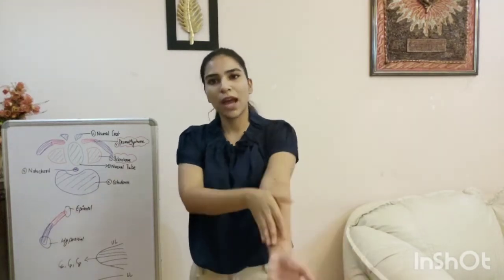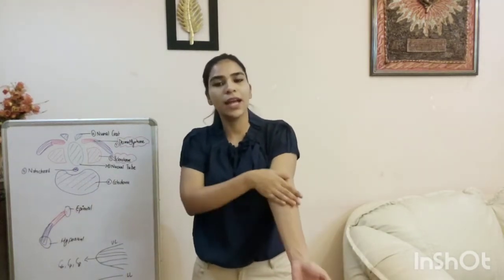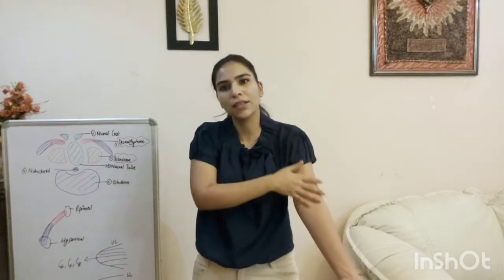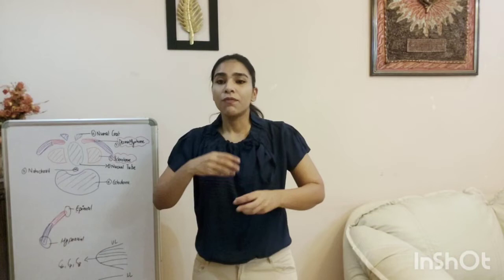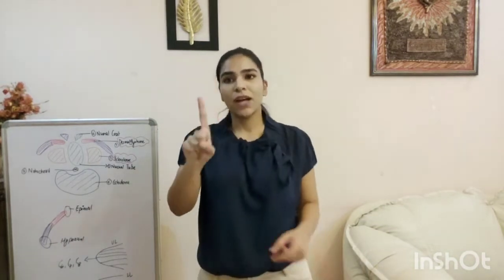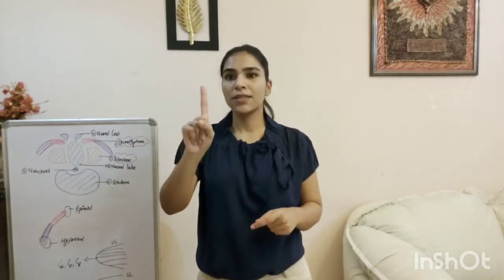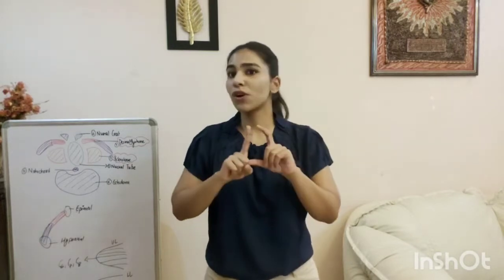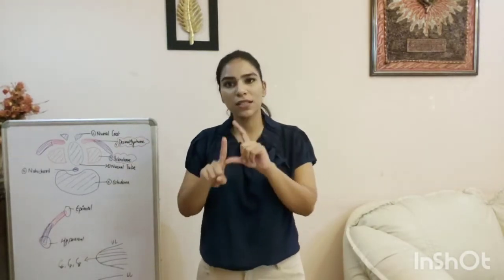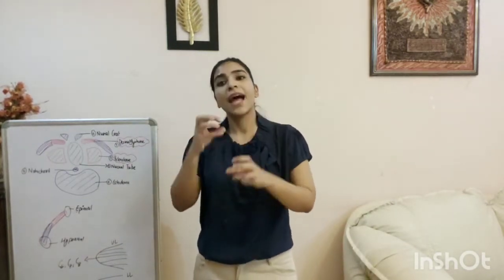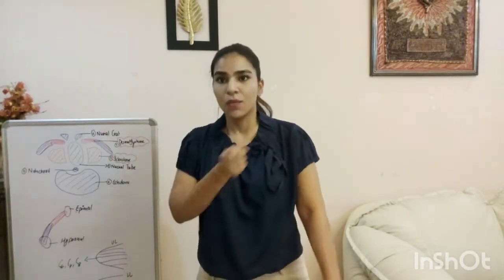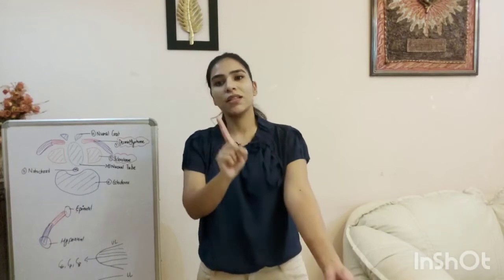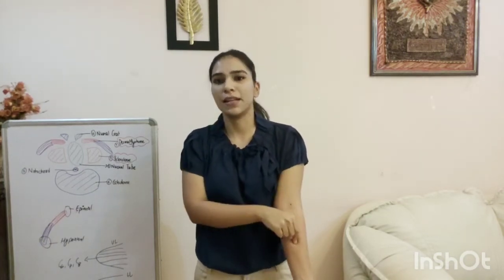We have 2 bones at the forearm and 1 bone at the arm region. But when we are developing, it is one single structure, a single cartilaginous structure which is not even ossified at that time. That cartilaginous structure is going to divide into 3 parts: one is going to be your humerus, then the ulna and the radius.